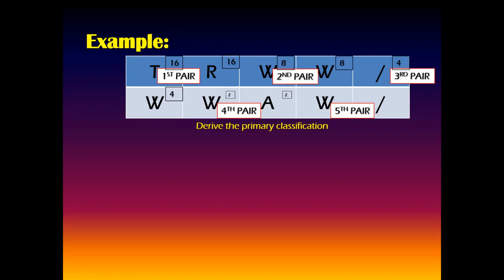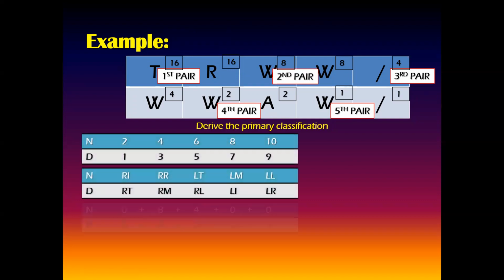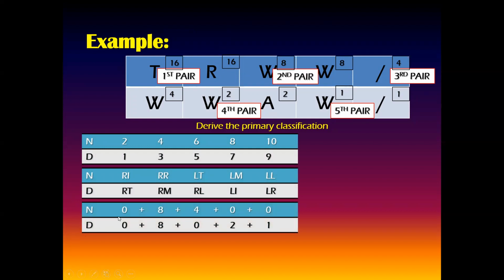After assigning the numbered values, if they are whirl, we give the value. If they are non-whirl, then we don't give the corresponding value. So in this case, finger number 2 here is a radial loop, and since it is not a whirl, we give it a value of 0. Finger number 4 is a whirl, and we give it a value of 8, and so on and so forth.